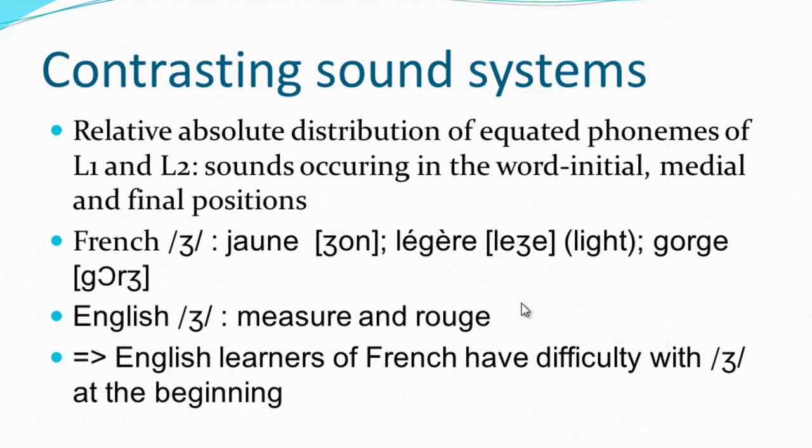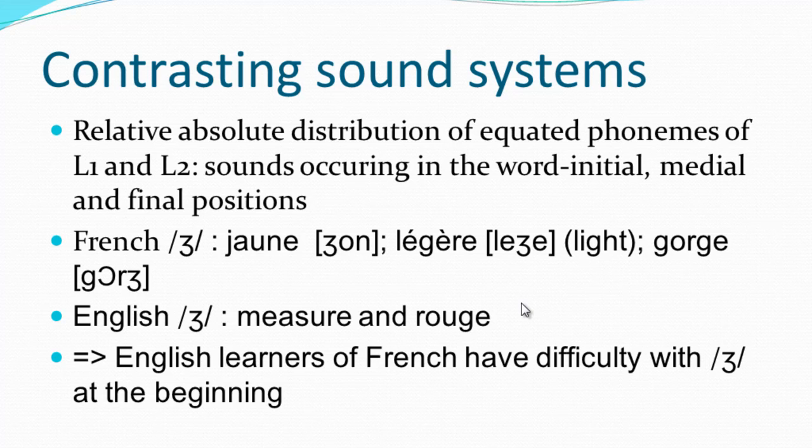In both French and English, we have these two phonemes: zone, yellow, légère, and raw. Raw, the throat, right? So raw.